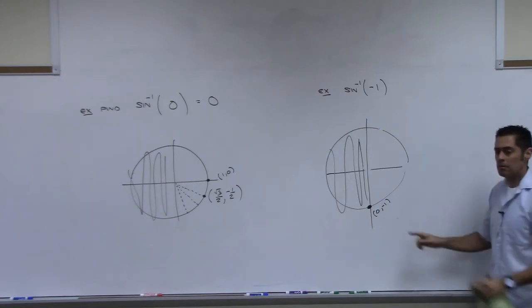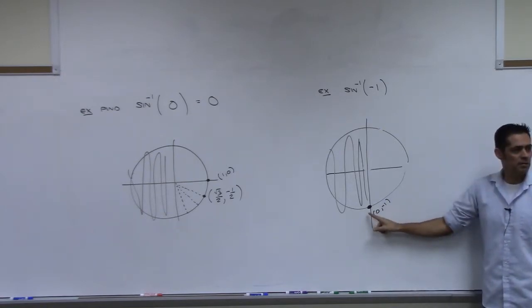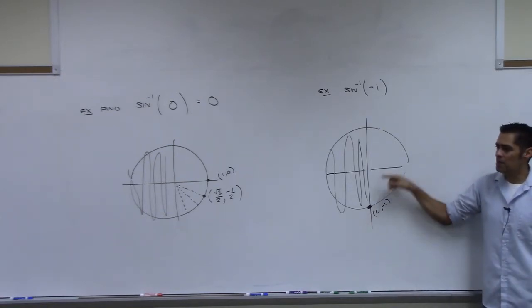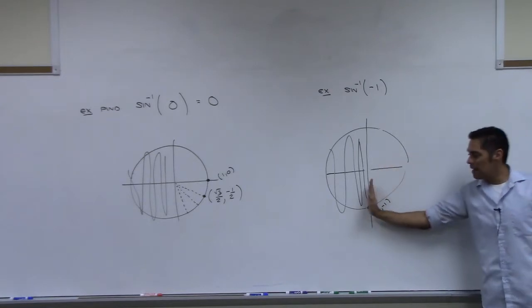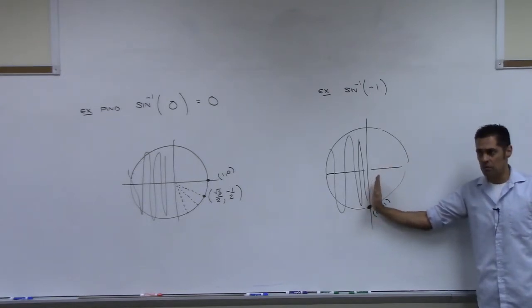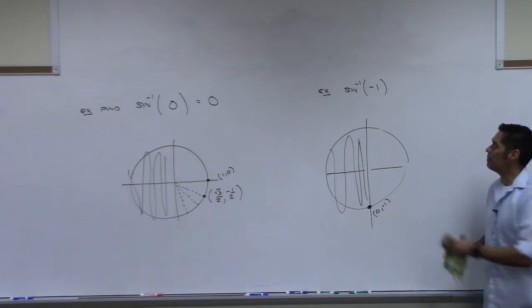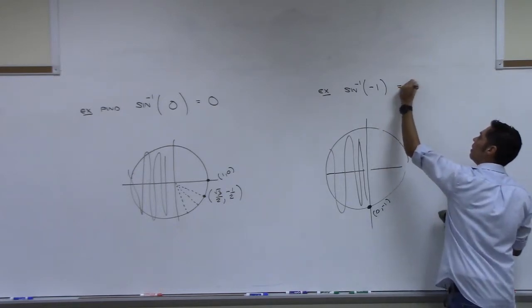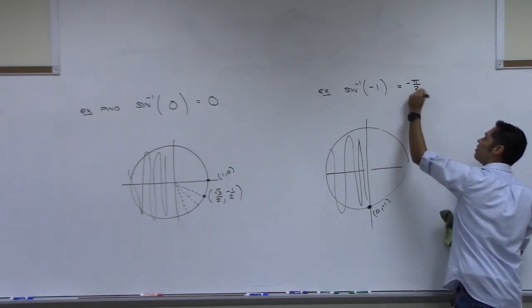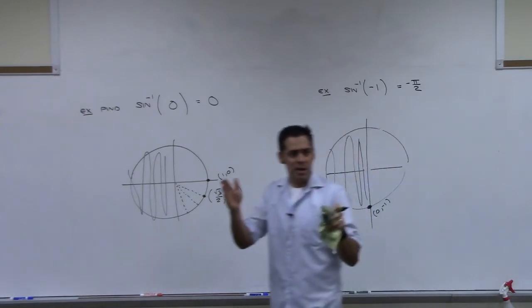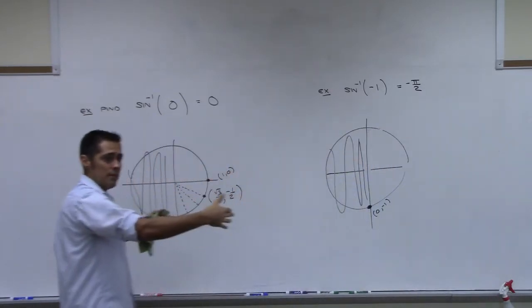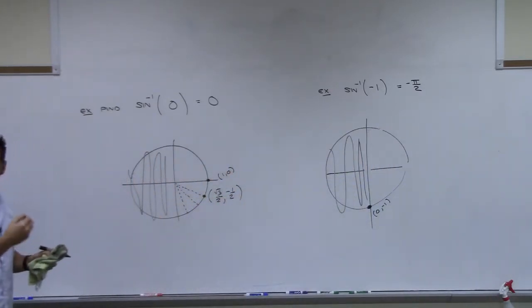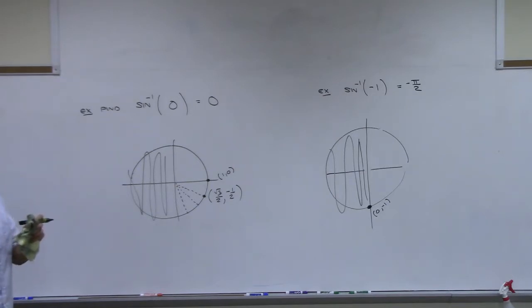The y coordinate is negative 1 down here. So what is that angle? Negative pi over 2. Straight down is negative pi over 2. And remember, negative pi over 2 was in the domain. Remember where we made the cuts? The cuts were at negative pi over 2 and pi over 2, and we needed negative pi over 2 so that we could get that negative 1 to come out.